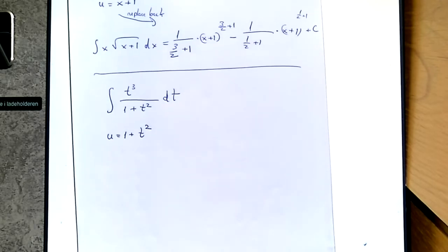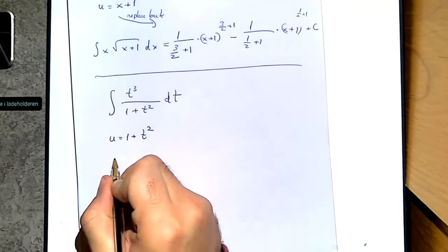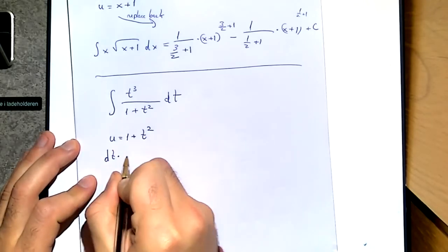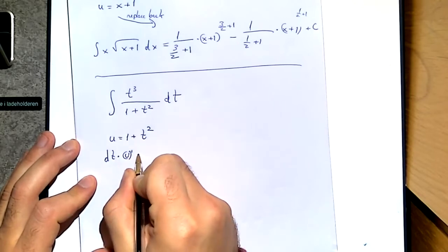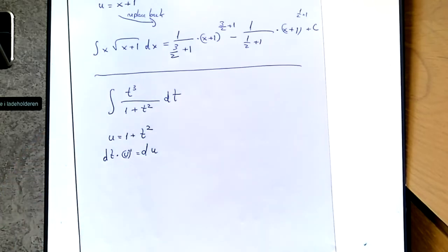Now, what you always want to compute is the du/dt kind of thing. So let's just see. As I said, it's dt multiplied by the derivative of u is equal to du. Just like we did last time, literally the same steps.